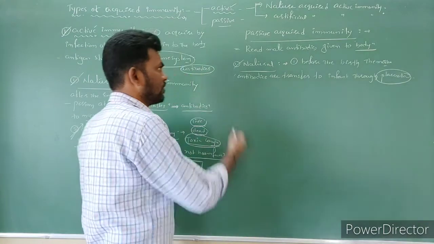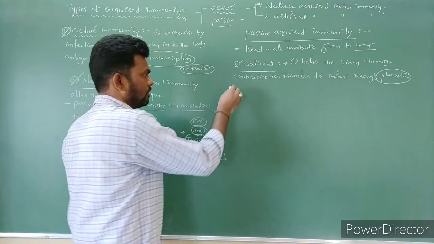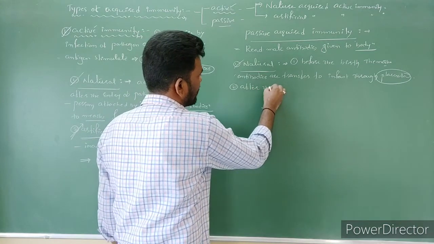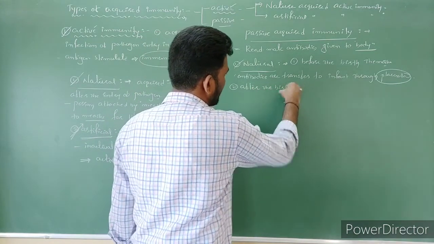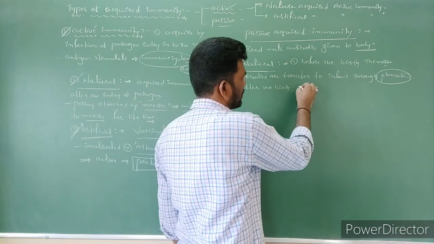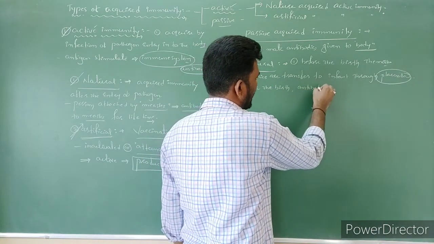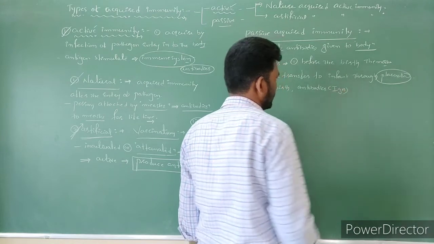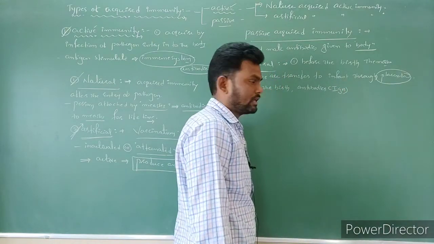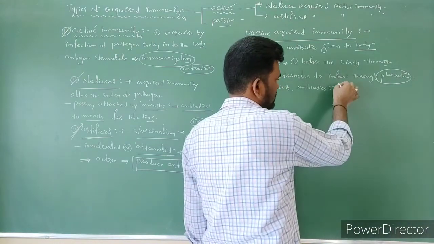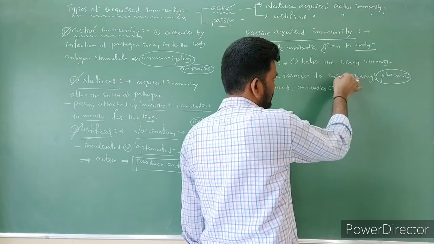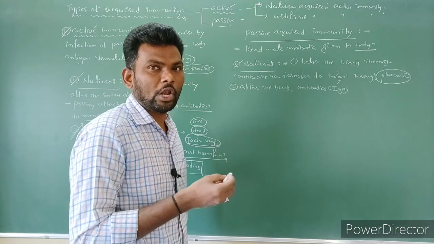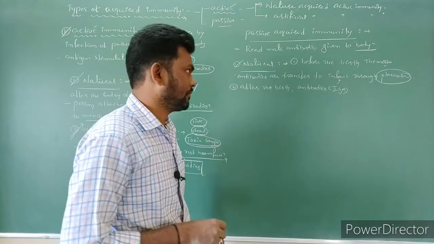So that is an example of natural. One more example: after the birth also, some antibodies, which are IgA, a very important antibody for infants, we can notice in very high amounts in mother's milk at the beginning, the yellow milk, which is called colostrum.